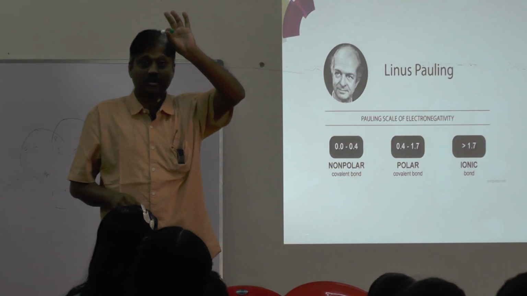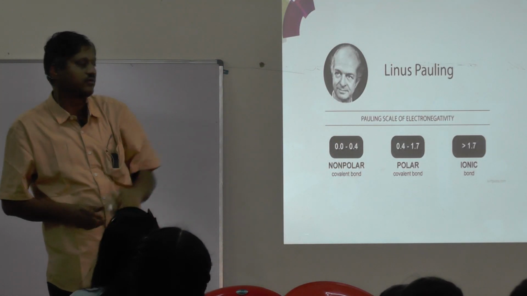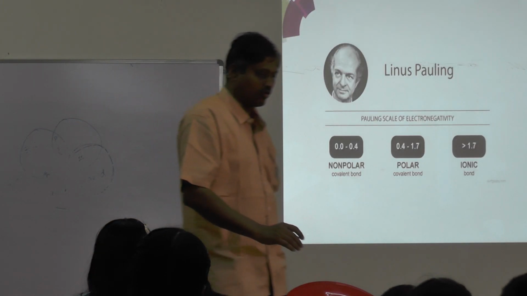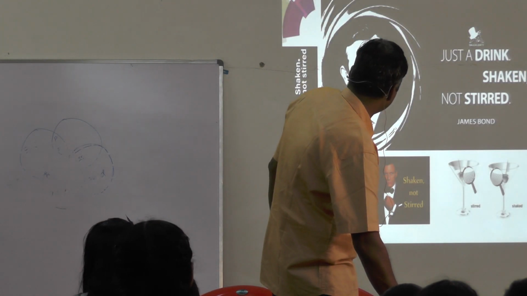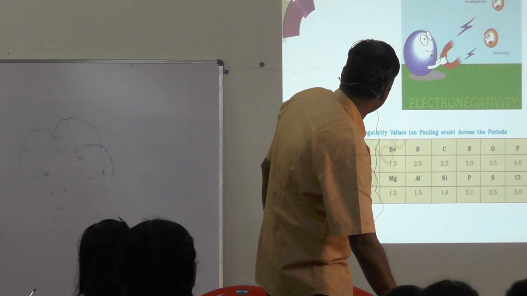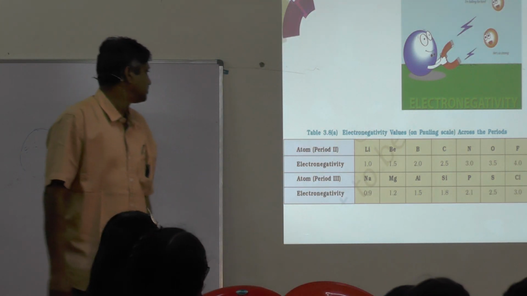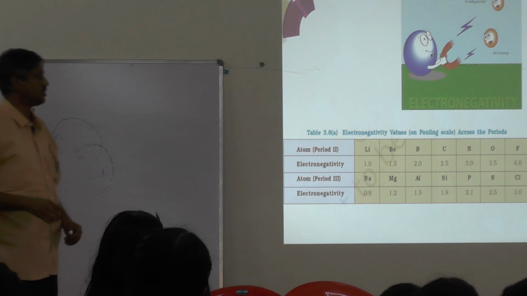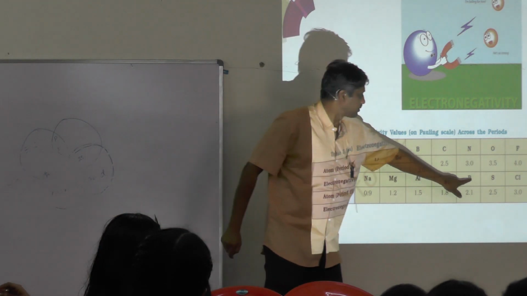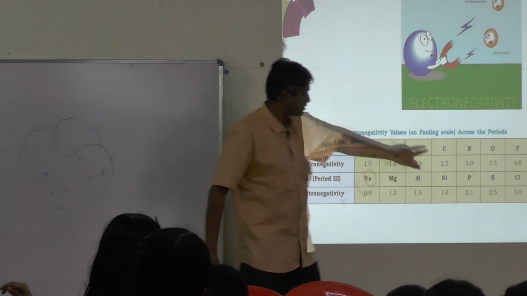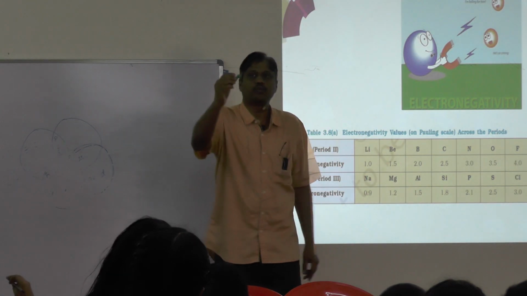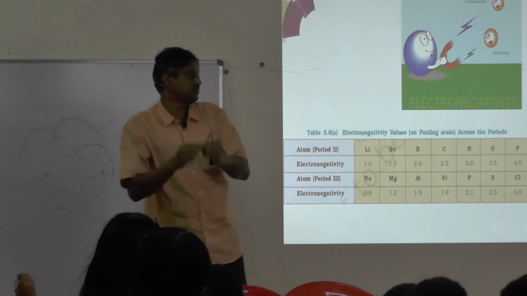So now for HCl, I want to understand the bond. I will go back to HCl. Hydrogen has 2.1. Hydrogen and phosphorus will be the same, 2.1.